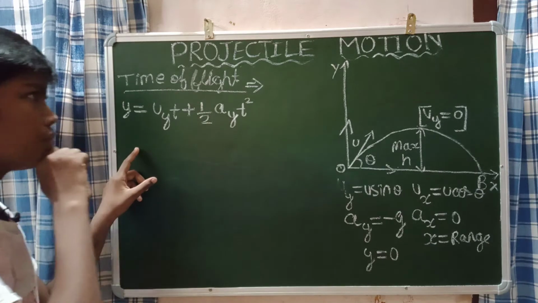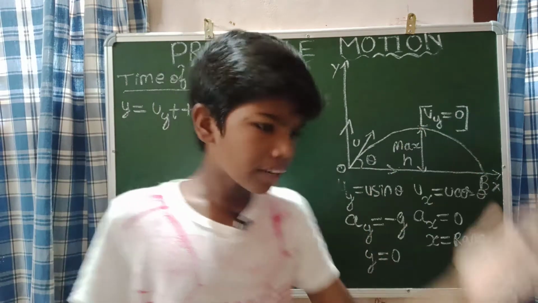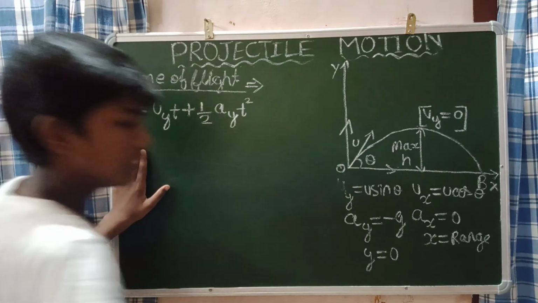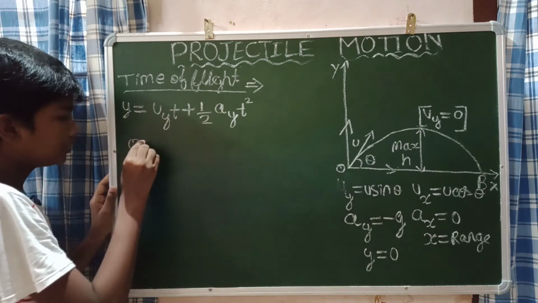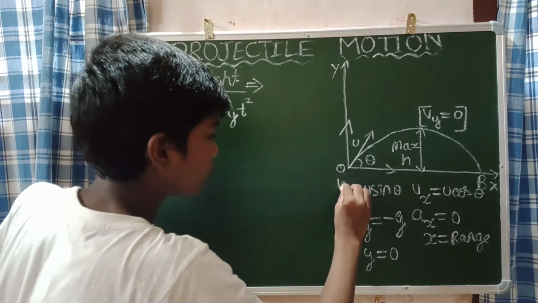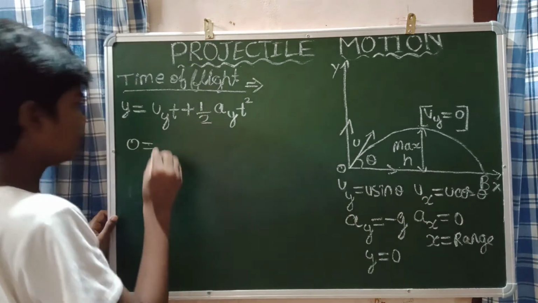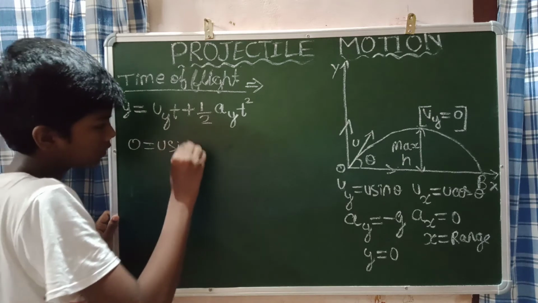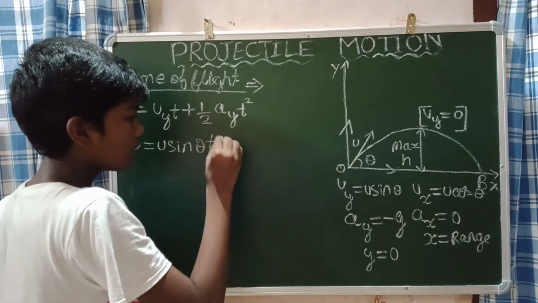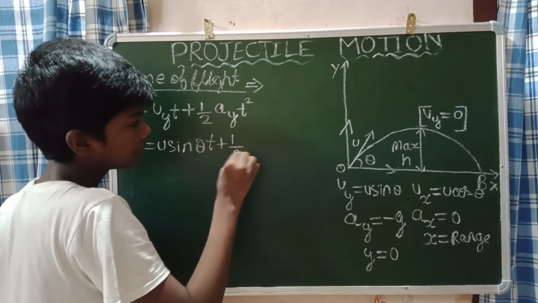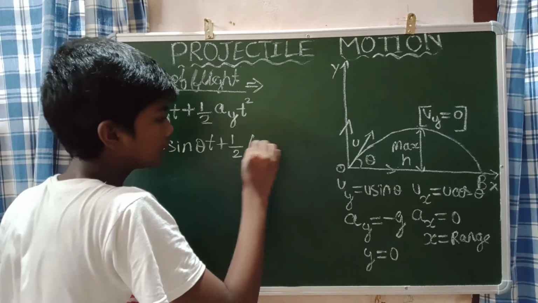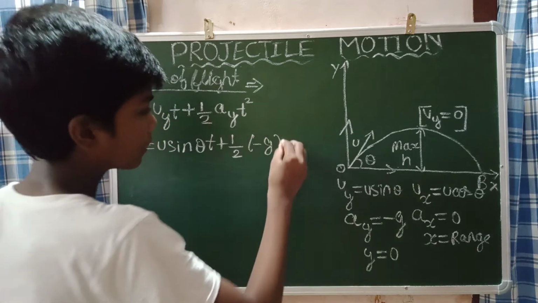Now we are going to find the time of flight. For finding time of flight, we need to consider the entire motion. So, guys, what is the y displacement for the entire motion? That is 0. So 0 is equal to the y component of initial velocity, which is u sin theta, into t, plus half into the y component of acceleration, which is minus g, into t square.